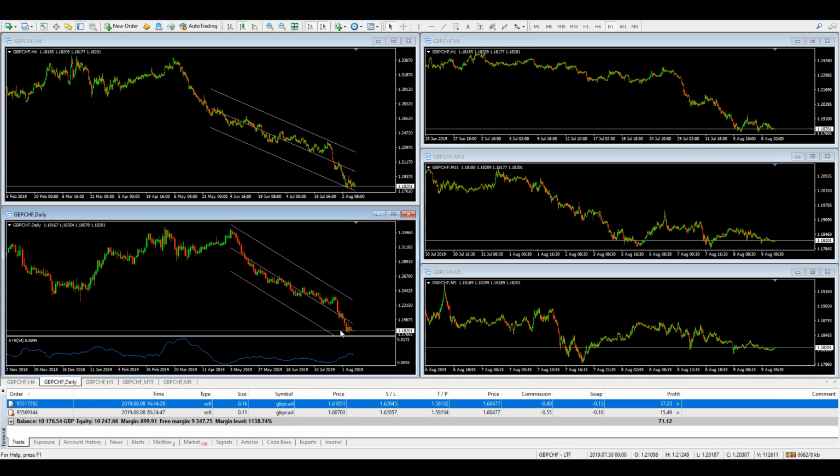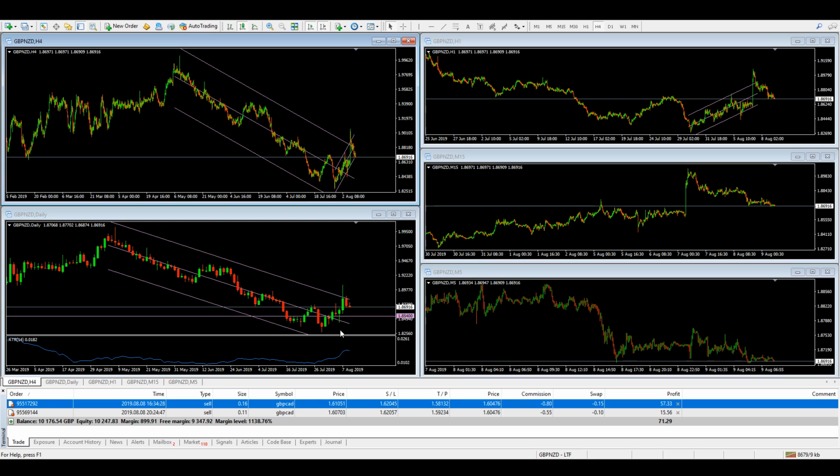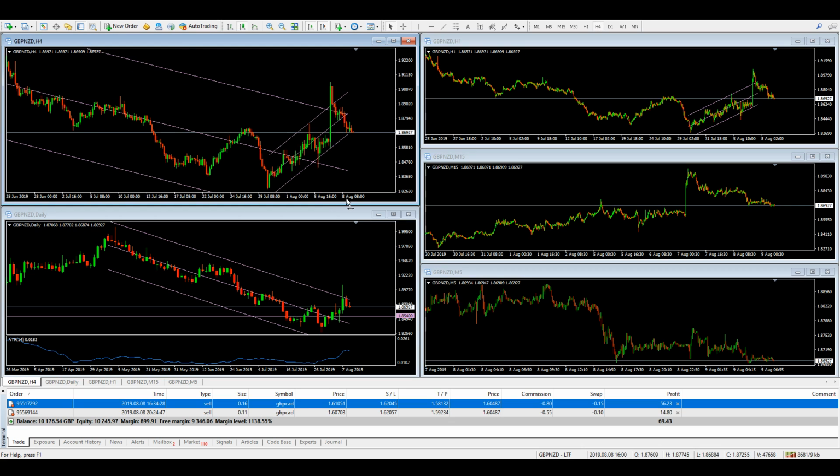GB Swissy, too oversold. Yeah, that looks okay. The same thing as similar to the other charts. Basically, it's this retrace that's the problem. So it looks great on the daily, moving away from the overbought region where it's interactive with standard deviation, but it's still within this channel here on the 4-hourly.